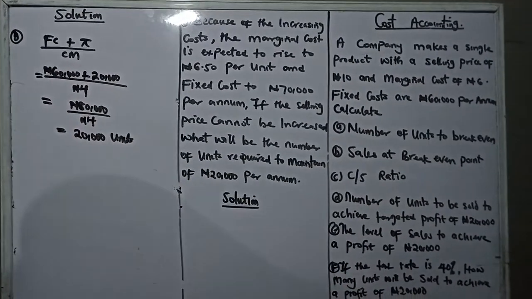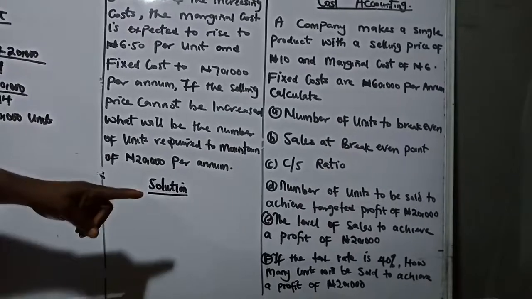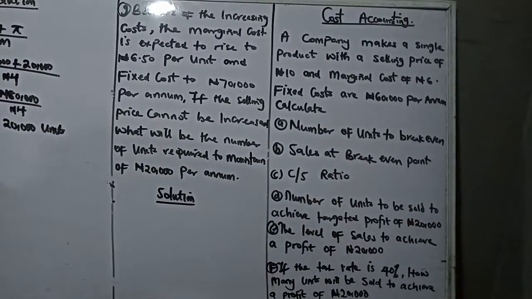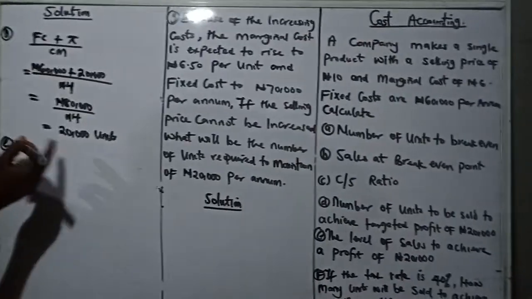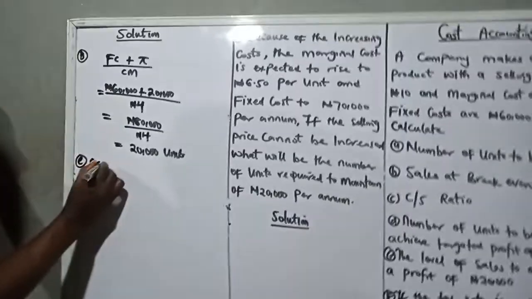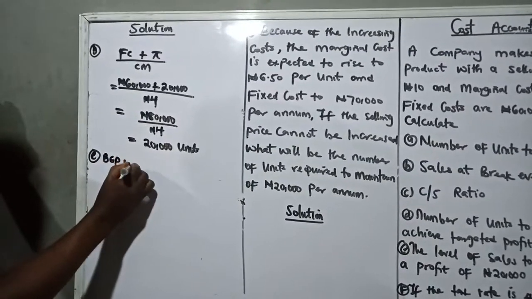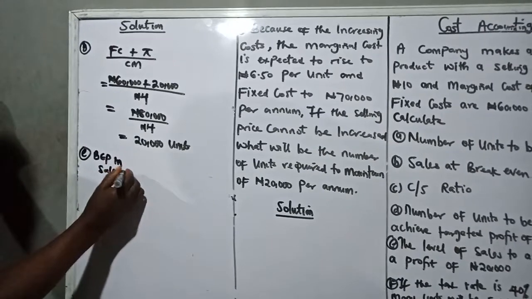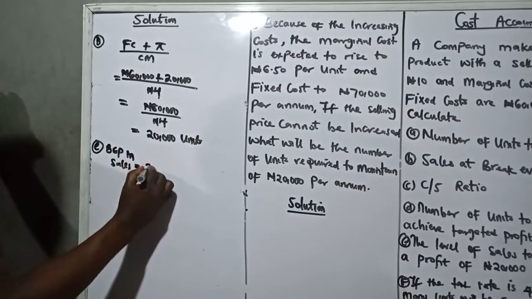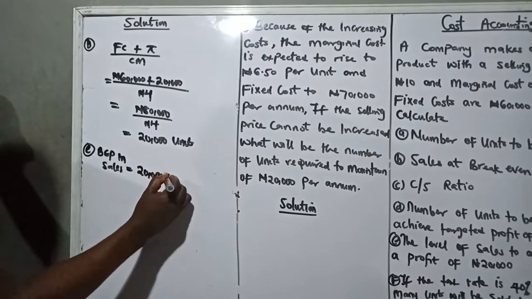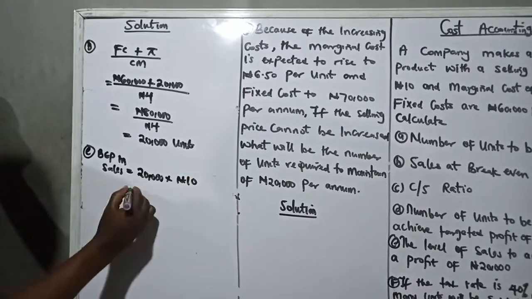So yeah, the next one, the level of sales, which is E, level of sales to achieve a profit of 20,000 naira. The same question, what I will just do is, since it is sales, they are talking about the break-even point in sales. Just multiply this unit by the selling price. That will be 20,000 units times 10 naira.